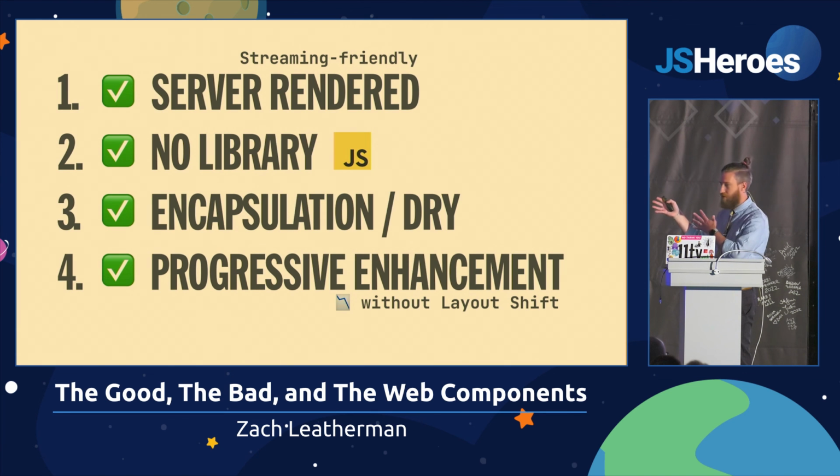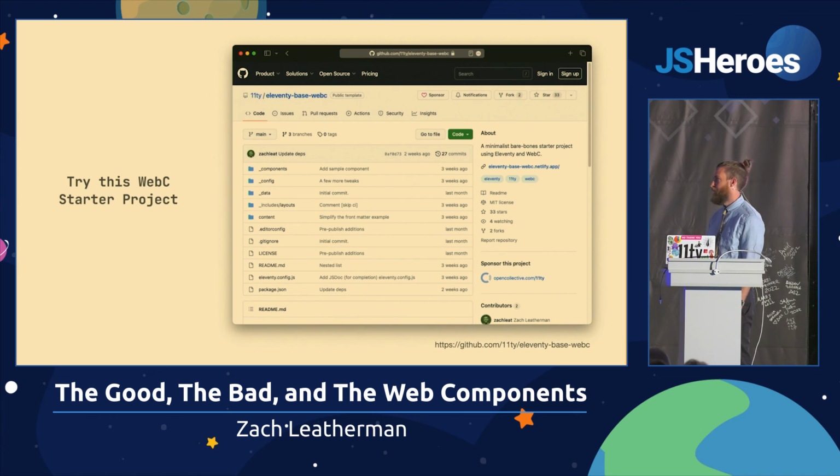Look, it gets 4 green checks. Great. It's server rendered. There's no library JavaScript running on the client. We get the full benefit of encapsulation. We don't have to repeat ourselves, and we get progressive enhancement. So if you want to try WebC out, you can go to our starter repo for that on the 11ty GitHub.